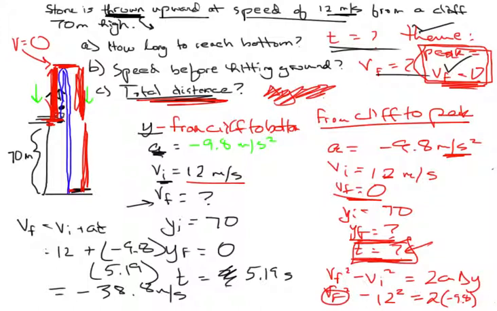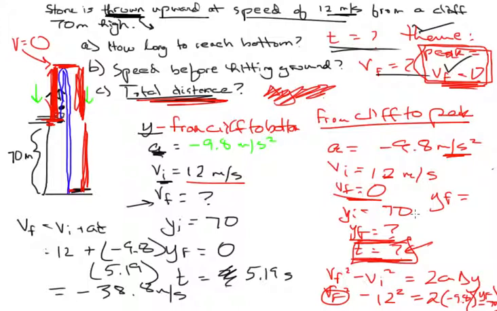See, I was wondering why I had so many variables. So you have 0 minus 12 squared equals 2 times negative 9.8 times y final minus 70, which is your delta y. Sorry for this messiness. And if you do this, you will get y final.